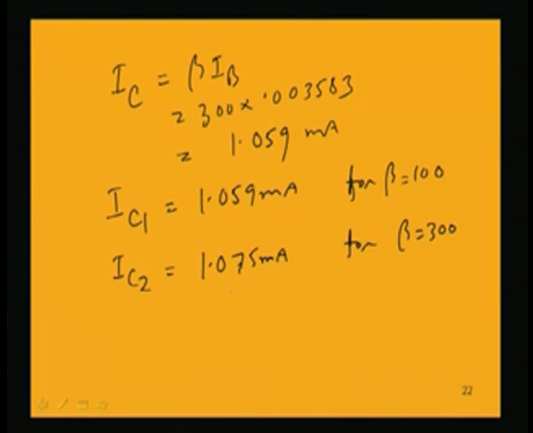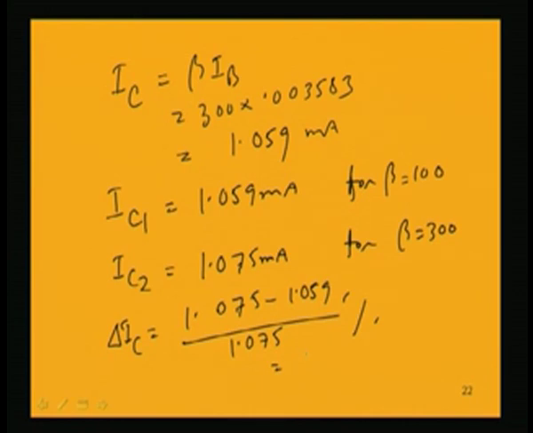You can find out the percentage change of IC: 1.075 minus 1.059 by 1.075, the percentage change will be coming to only 1.5%. For a 200% change of beta, we still get only 1.5% change of IC.